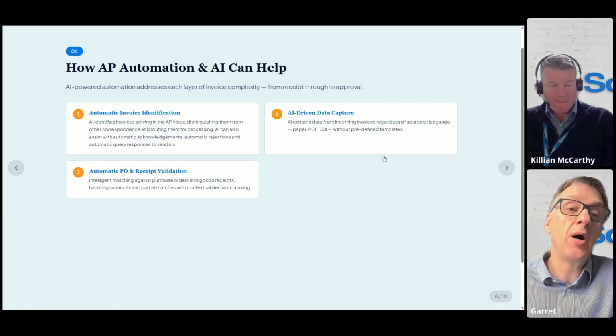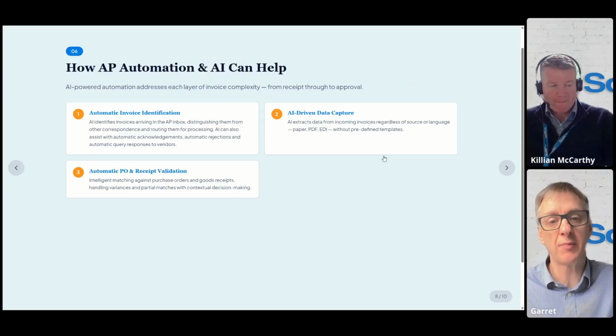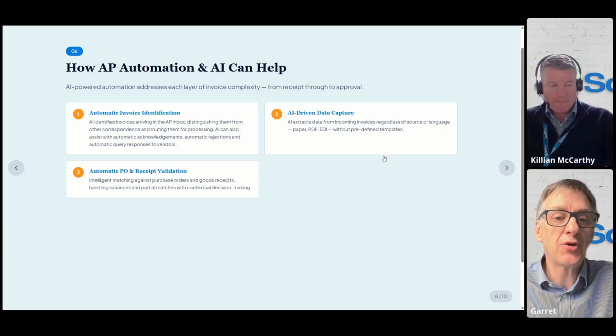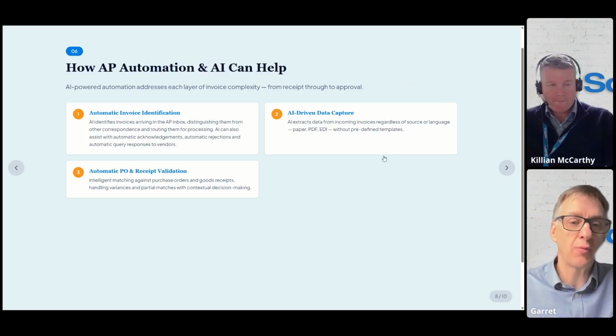So again, the right AP solution with the right deployment of AI and algorithms can be an enormous step in being able to take what's on the invoice, translate that into what it really relates to with regards to the purchase order and goods receipts that you've done, and validate it and give you an output to indicate whether it's a valid invoice or whether there's a price issue with one line or whether there's an additional charge or whatever on the invoice that wasn't on the purchase order.